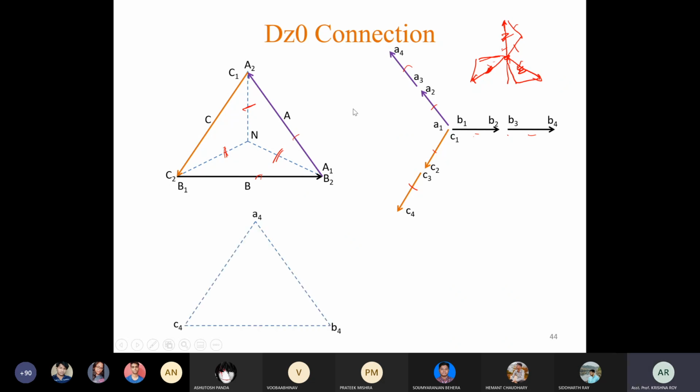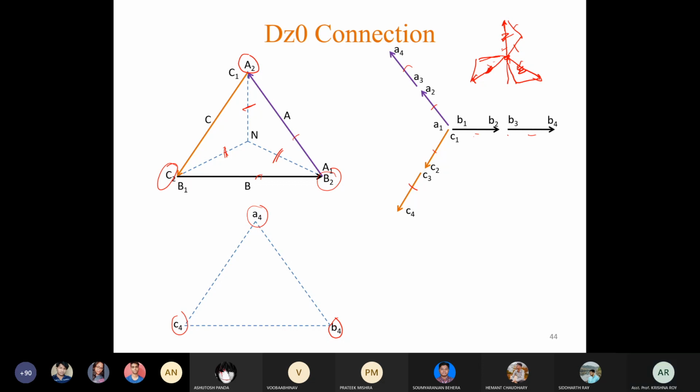So this is our resultant delta of zigzag connection. So this terminal is B4, this is C4, this is A4, which will coincide with A2, B2, C2 respectively. Okay, so A4 and A2 will coincide, B2 and B4 will coincide, and C2 and C4 will coincide. So this is the equivalent delta of this zigzag connection we are going to draw.